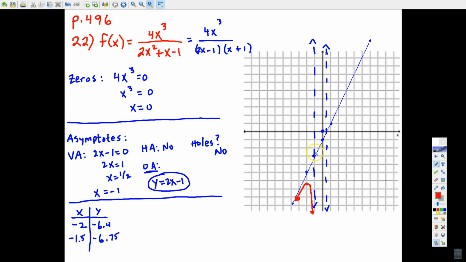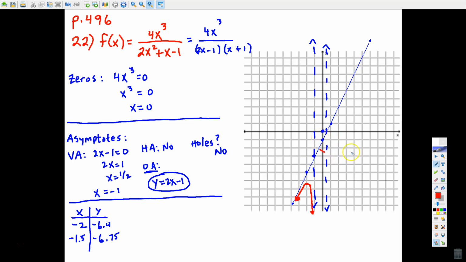I'm not going to be able to go forever because I can't cross over this vertical. Okay, vertical asymptotes, it's 100% sure that you will never cross them. You'll never go over them. But there are some rare occasions where you will with oblique and horizontal, and here's one of them.